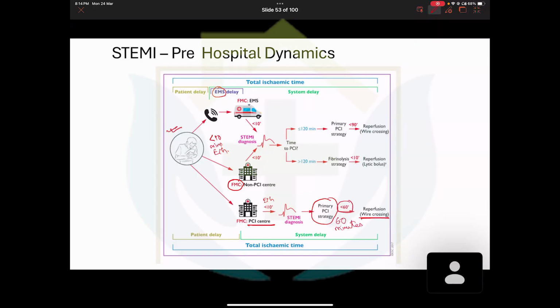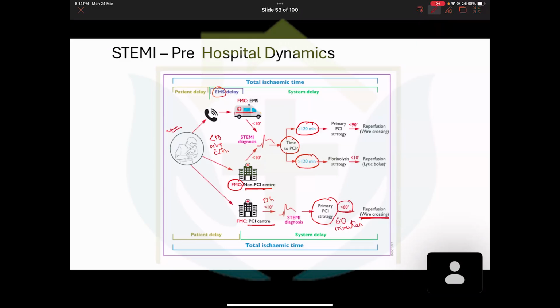If the patient first goes to a primary PCI center, it is 60 minutes. If the patient goes to a non-PCI center, then we have to find out whether the time to the next PCI is under 120 minutes or more than 120 minutes.